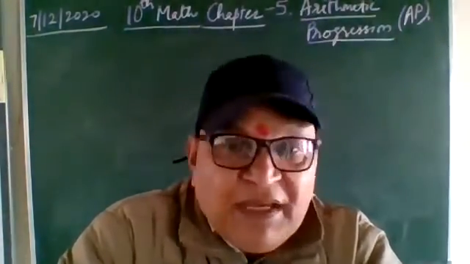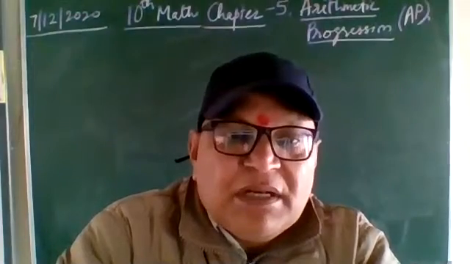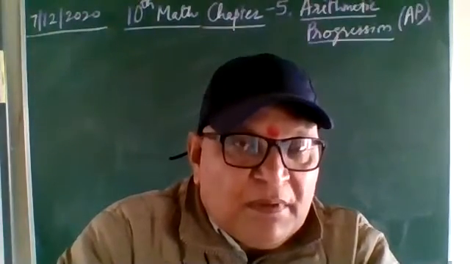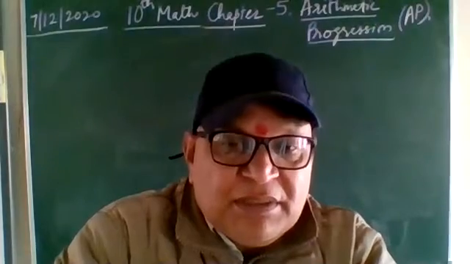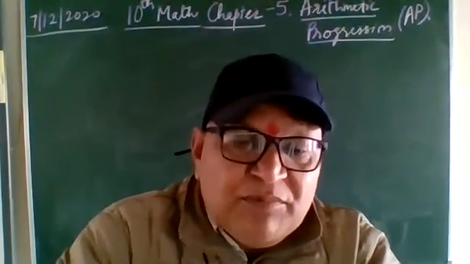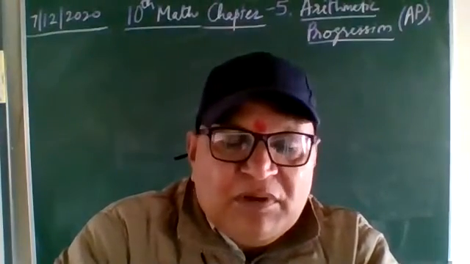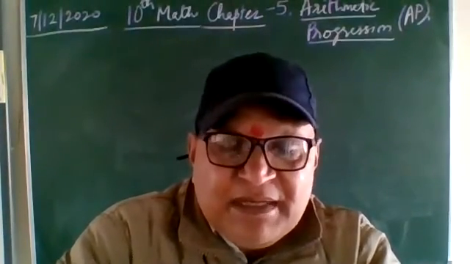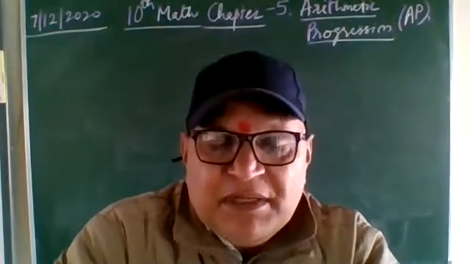Now, here we have the introduction of arithmetic progression. What is arithmetic progression? You have seen different types of numbers: natural numbers, even numbers, odd numbers, prime numbers, multiples, factors, integers, rational numbers.